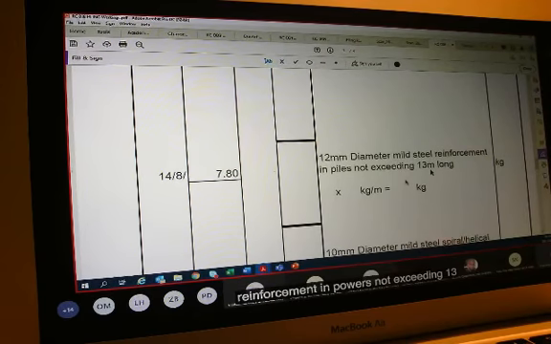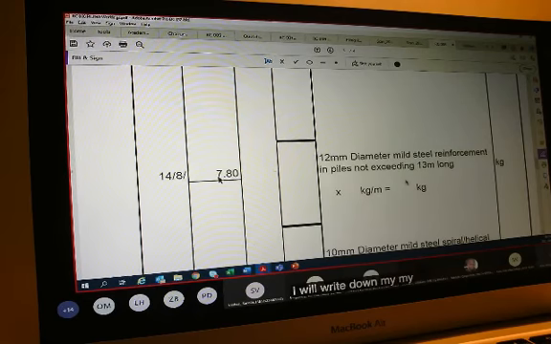So when I measure my reinforcement, I was told that the diameter of my reinforcement is 12 millimeter. The spiral is 10 millimeter. I've been told that the length is 7 meter 800.